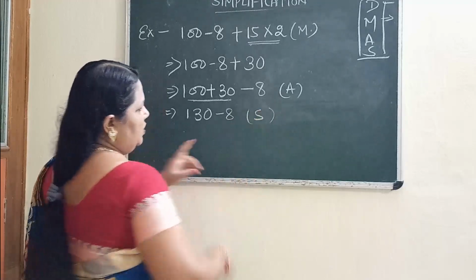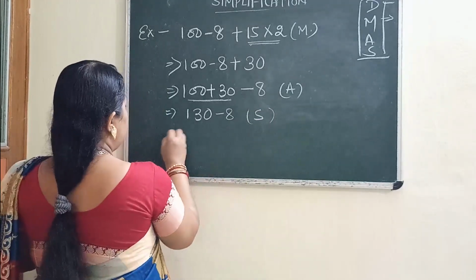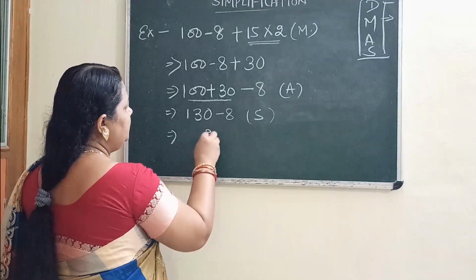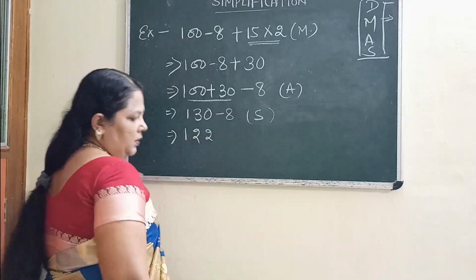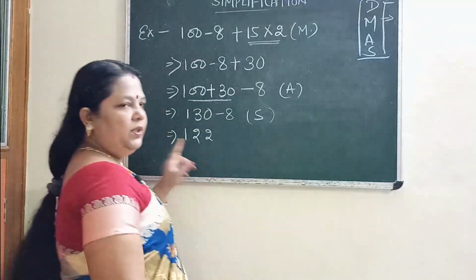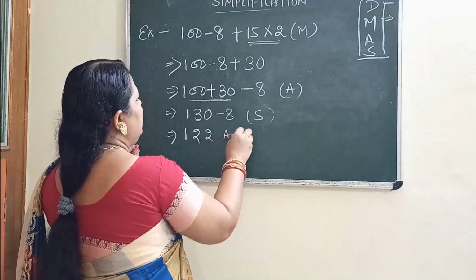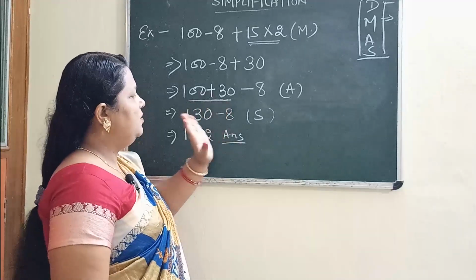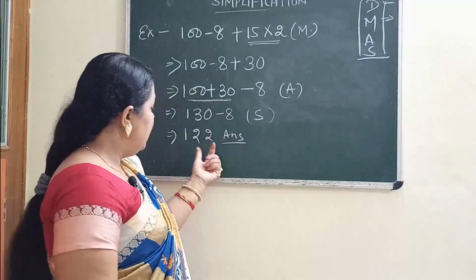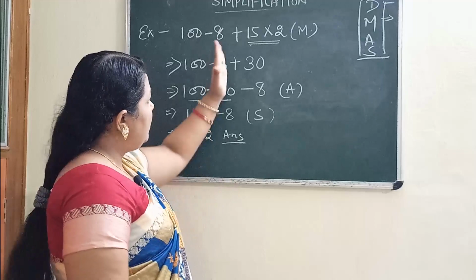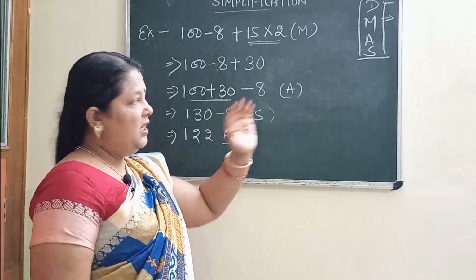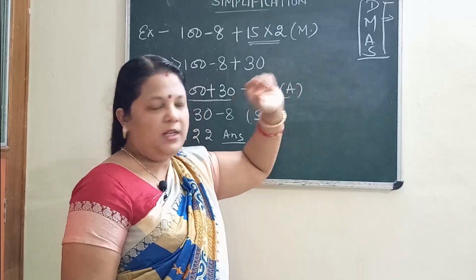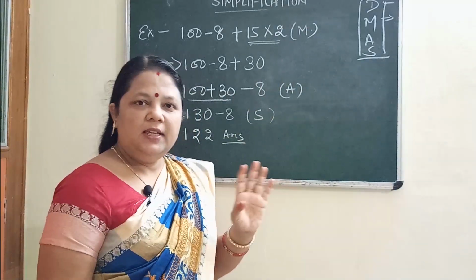At last this operation you will solve. 130 minus 8, how much is it coming? 122, and this is your answer. Okay, so what you got? The value in a single value, and we have solved in an easy method. If we operate systematically, then there will be no confusion. We can get the answer very easily.